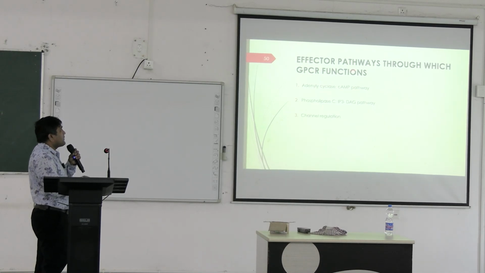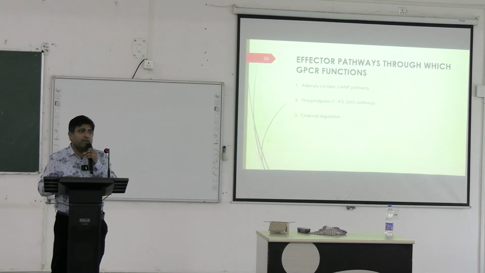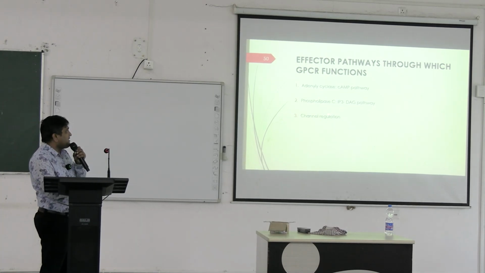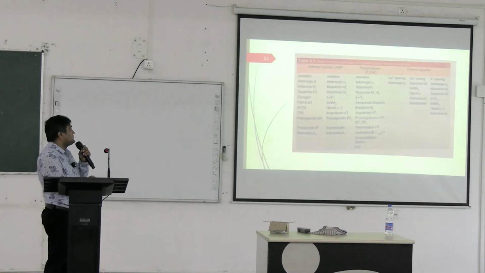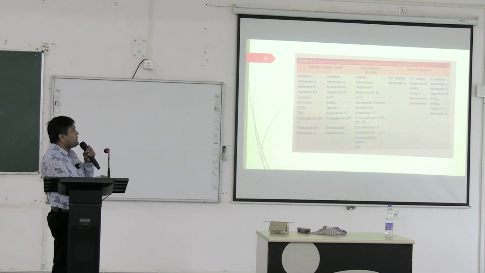The effector pathways through which G protein coupled receptors function are adenylyl cyclase, phospholipase C, IP3 DAG pathway, and channel regulation. These are examples of drugs acting via these pathways.